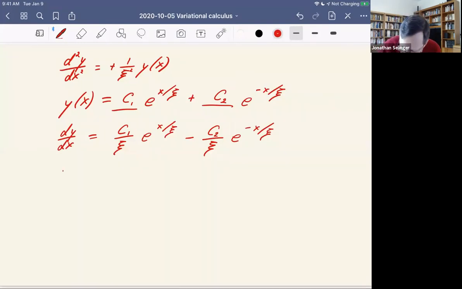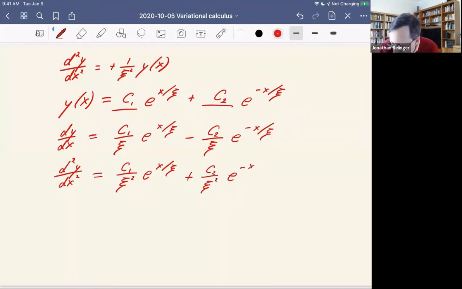And then the second derivative, d²y/dx², is C1 over ξ² e to the x over ξ plus C2 over ξ² e to the minus x over ξ.